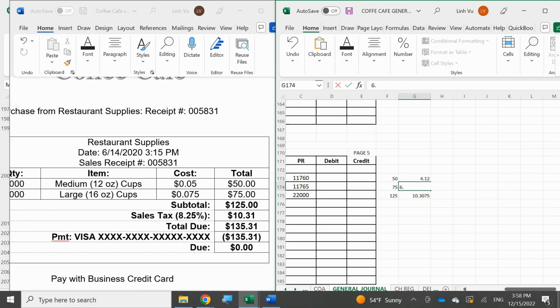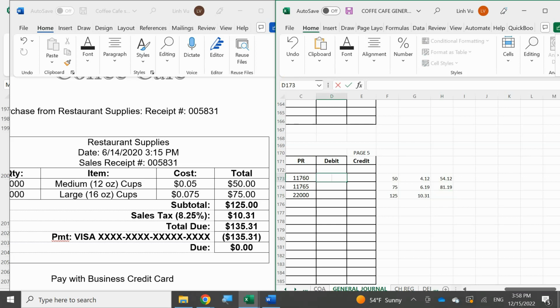Correct. So you're going to charge it like that, right? In this case, your total for the medium cups is $54.12, while your large cups is going to be $81.19. So that's exactly what you're going to do.